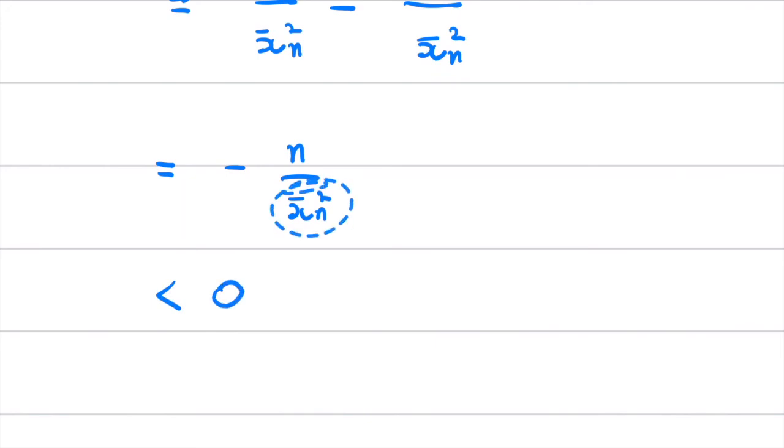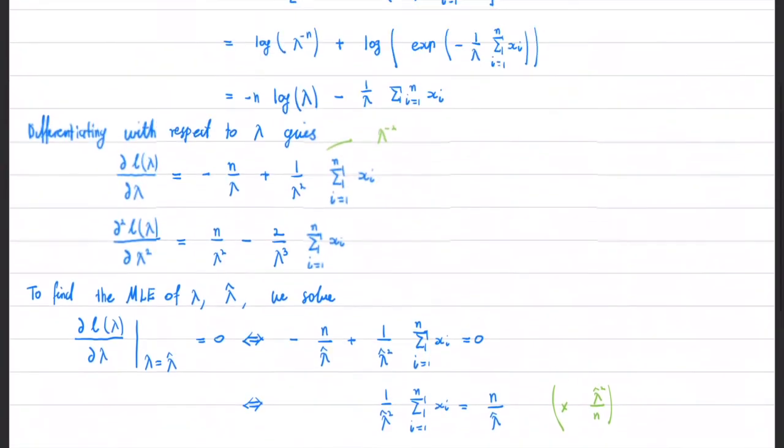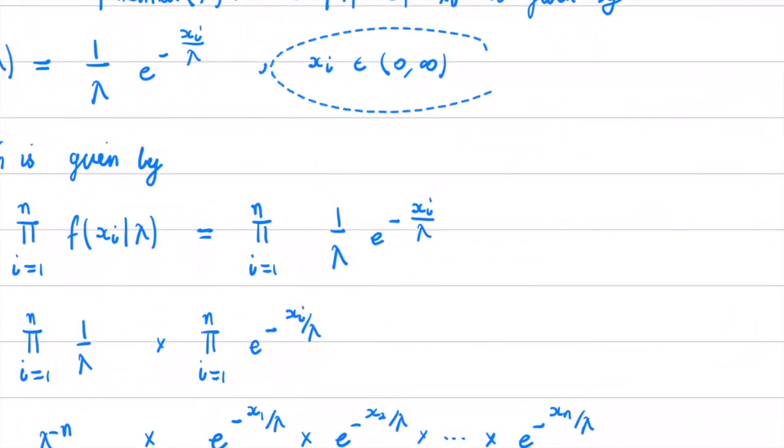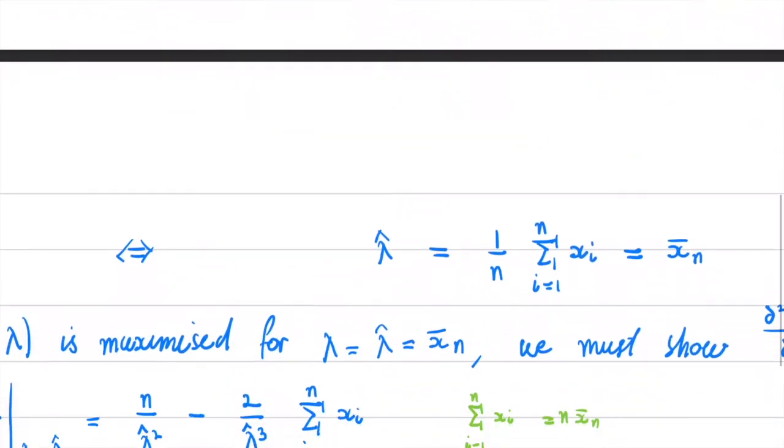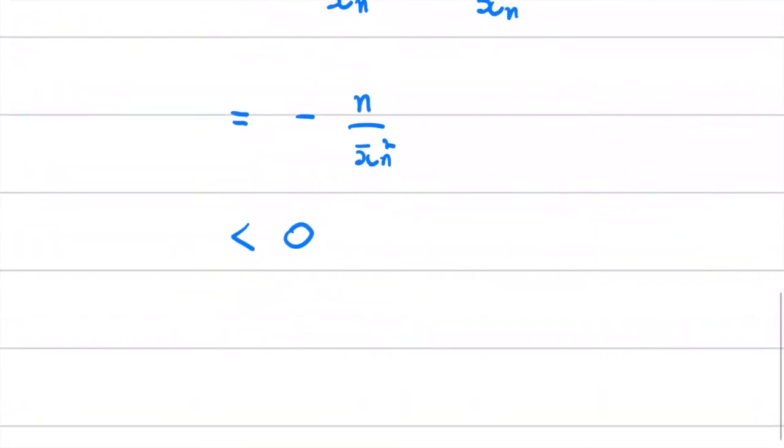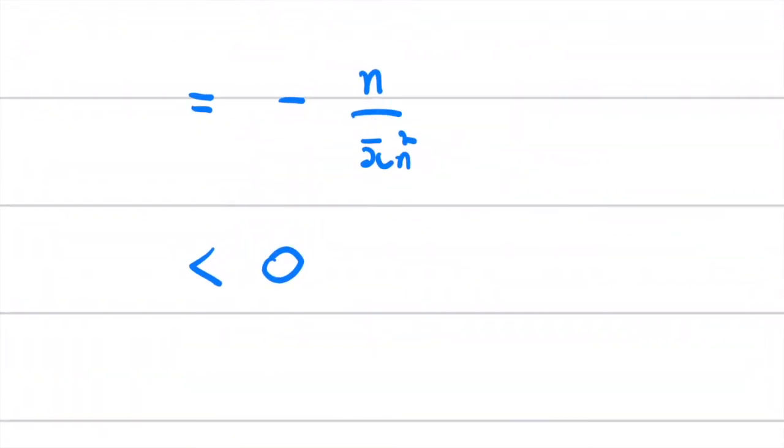Well, if you remember, all the x's are positive, so therefore their sum is also positive, or they're squared. In fact, the square of any number has to be positive, so it's got a positive denominator. n is a natural number, the number of observations, always positive. So we've got positive over positive, negative at the front, therefore it has to be less than 0.